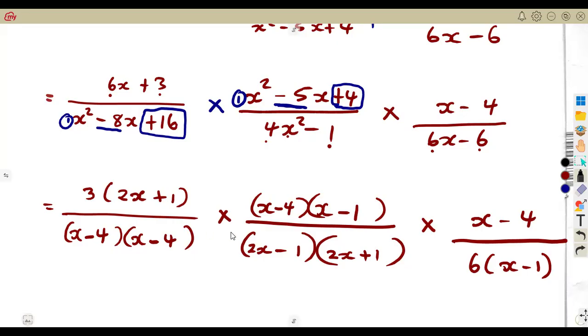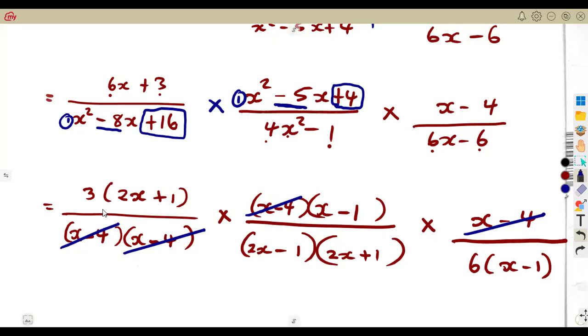If you consider here, we have got x minus 4 in the numerator and x minus 4 in the denominator, the same part. We also have x minus 4 here and x minus 4 here. As long as it is the numerator to the denominator concept, you can cancel.